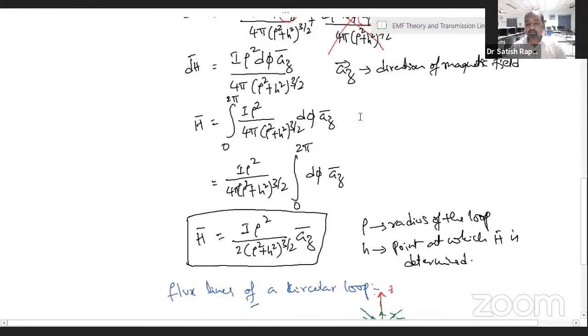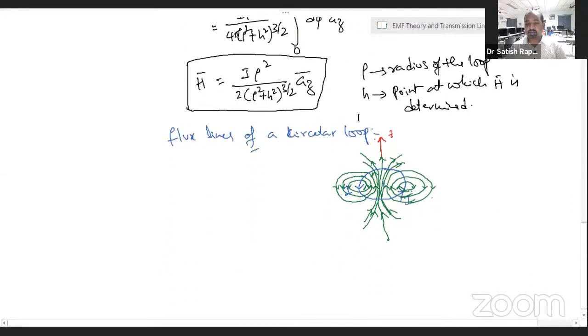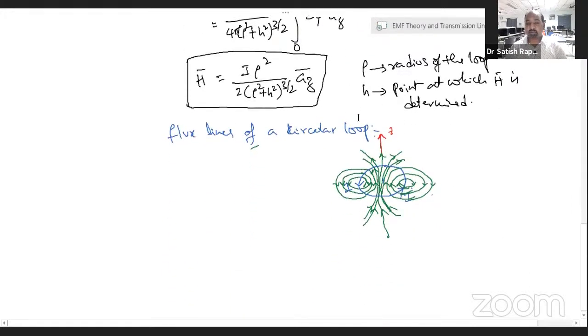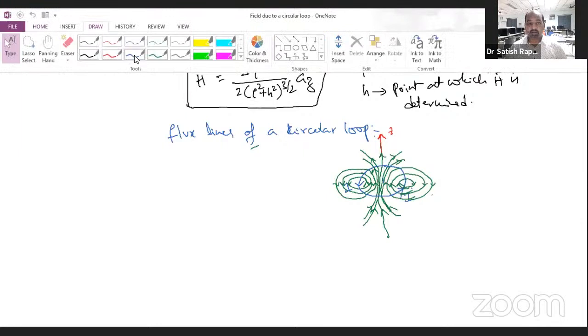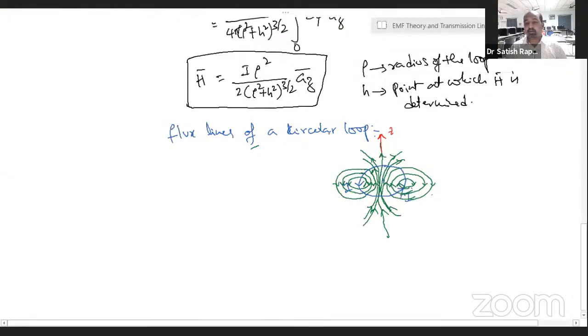So this is the answer: H bar is equal to I rho square by 2 into (rho square plus H square) power 3 by 2, a z bar. So a z bar is the direction of the magnetic field.